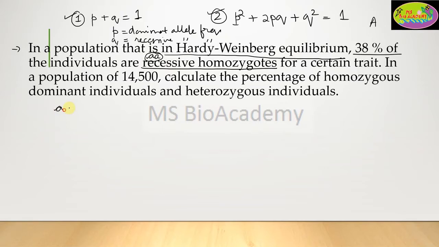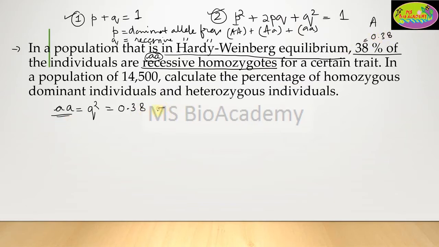So aa is basically Q square, and Q square they have given is 0.38. 38% you can write as 0.38, correct?